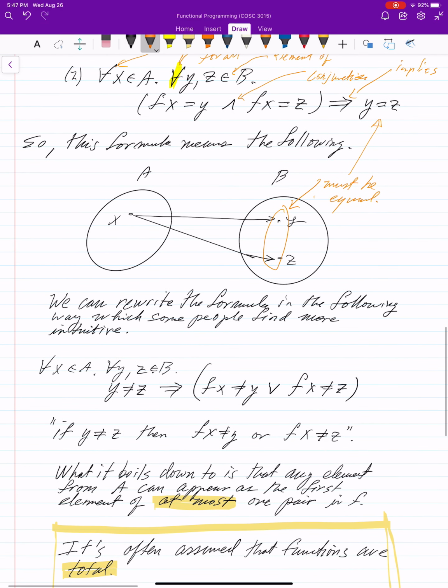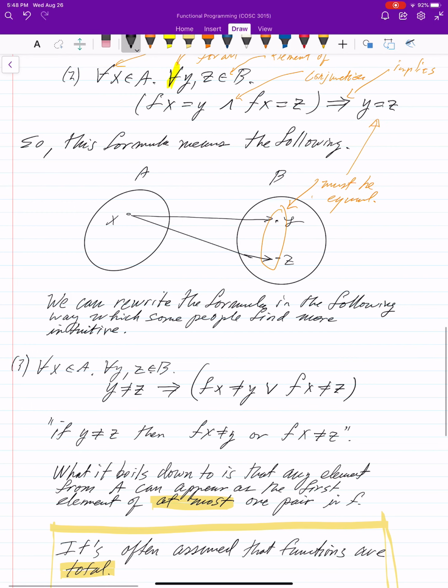So one thing you can do is rewrite the formula using logical equivalences, which I have found, teaching this material before, that students sometimes find more suitable.